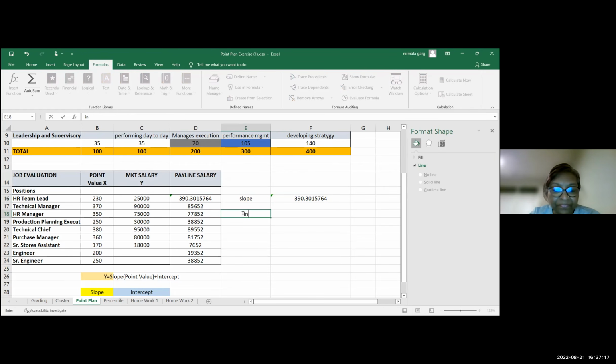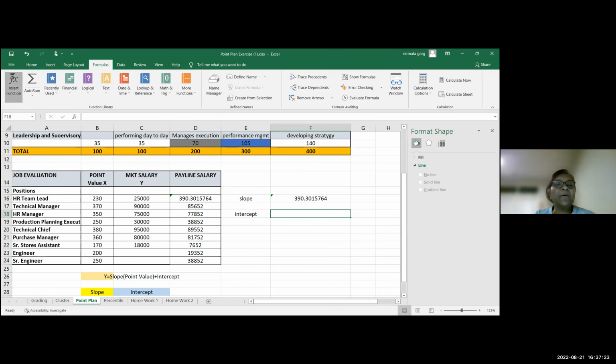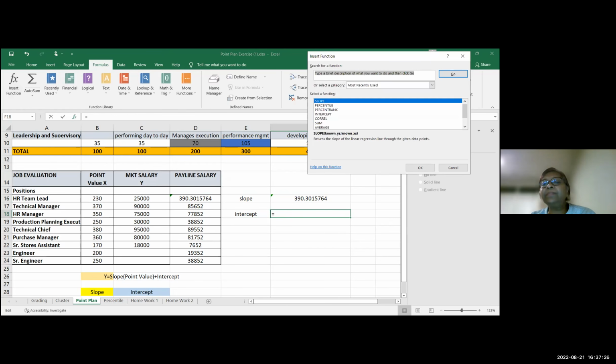Intercept. Intercept. What will I do again? Insert function. Right here. Intercept. Intercept. Okay.